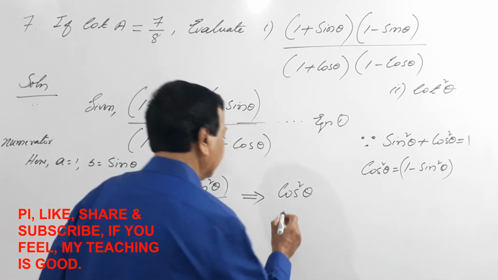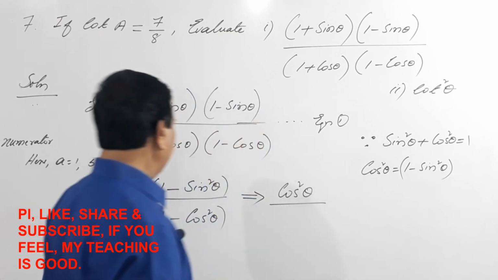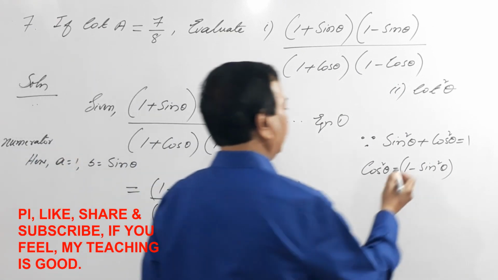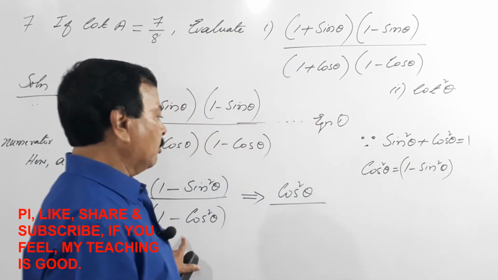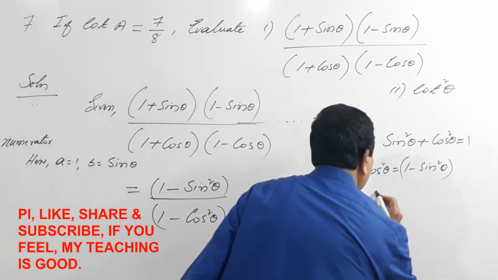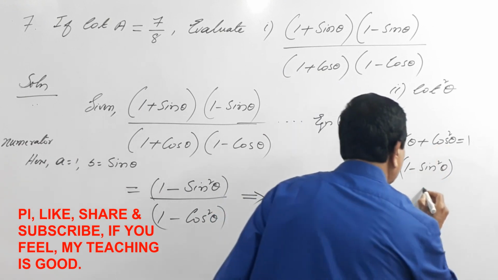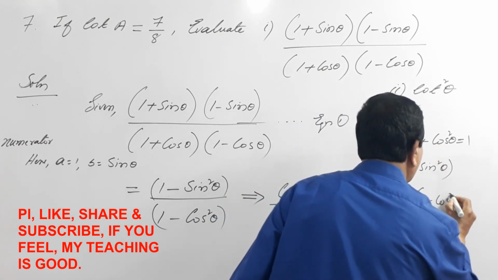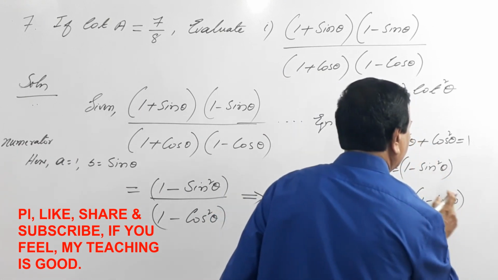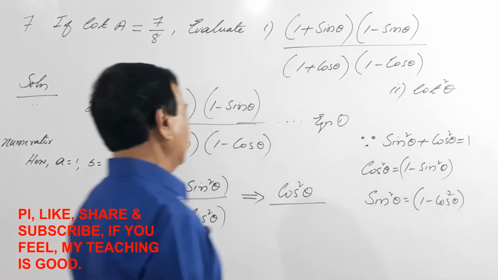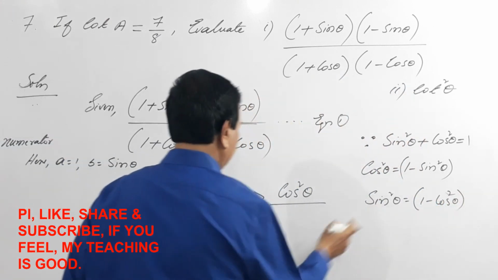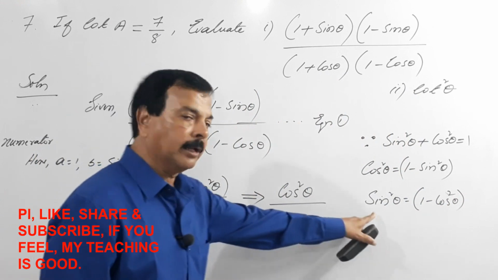Yes, write it down, divided by 1 minus cos square theta. Now what I'll do? 1 minus cos square theta. So what is sin square theta? From the equation, it is 1 minus cos square theta. So I can write 1 minus cos square theta as sin square theta.